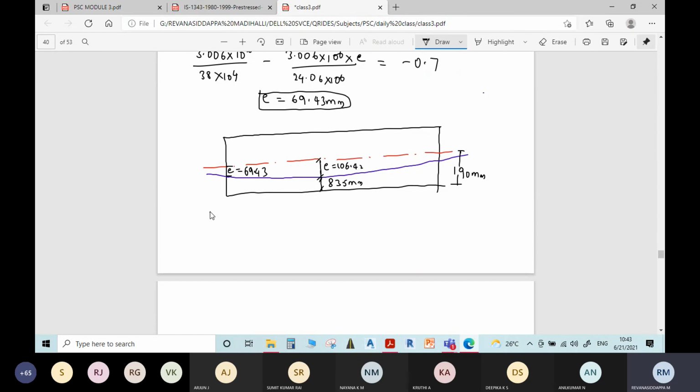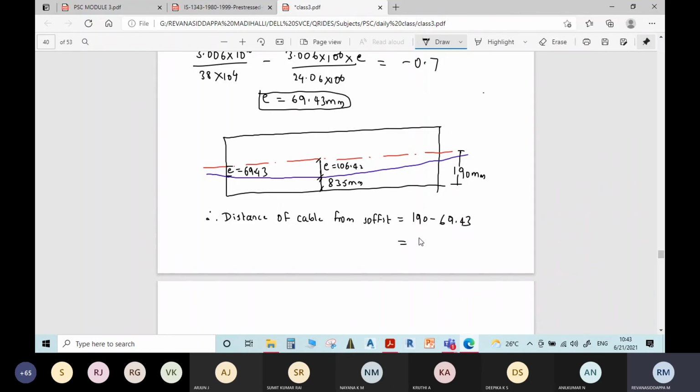Therefore, the distance of the cable from the soffit is equal to, from here to here, 190 minus this eccentricity at the support, 69.43.